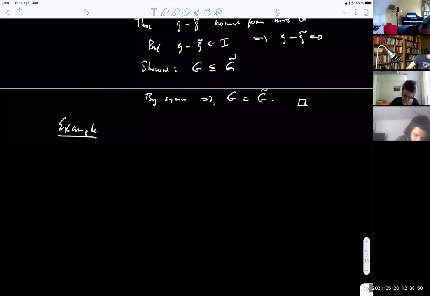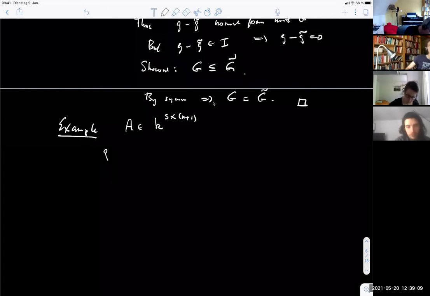Connection to linear algebra. So I encode my family of linear polynomials by a matrix and a vector. So I have a matrix A over a field of format s times n plus 1. Okay, this is the whole thing.